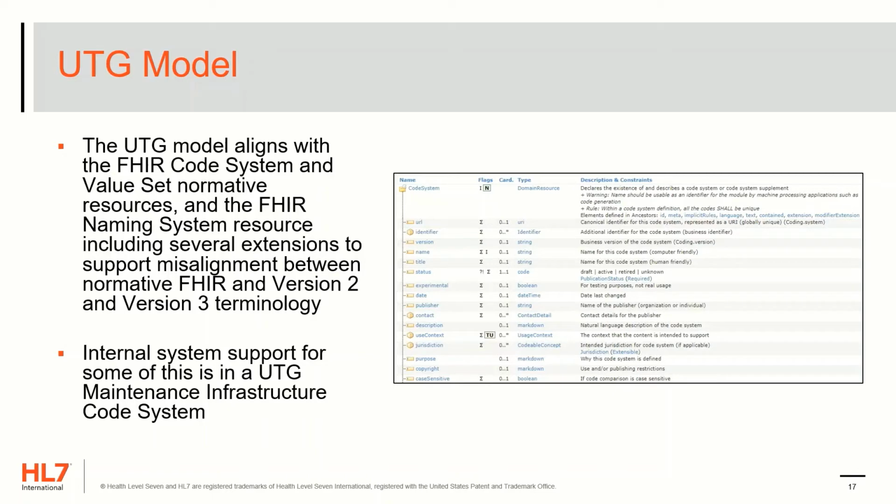We have created internal coded content for this and to support maintenance. These extensions and properties allow us to maintain older information as published in the HL7 product family terminology structures for many years. Having a uniform content representation makes it possible to have a single process to maintain and publish all of the HL7 terminology. This will also facilitate the ability to unify content across the HL7 product families in the future where appropriate.